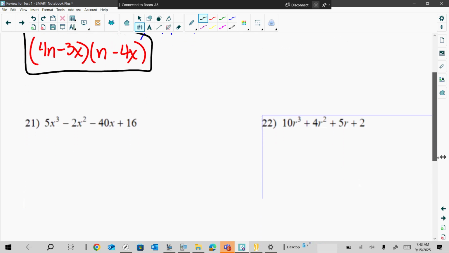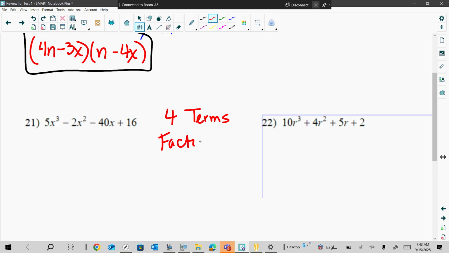Then our last set of problems here are 4 terms. So whenever we have 4 terms, you're going to factor by grouping. You still want to check for a GCF.